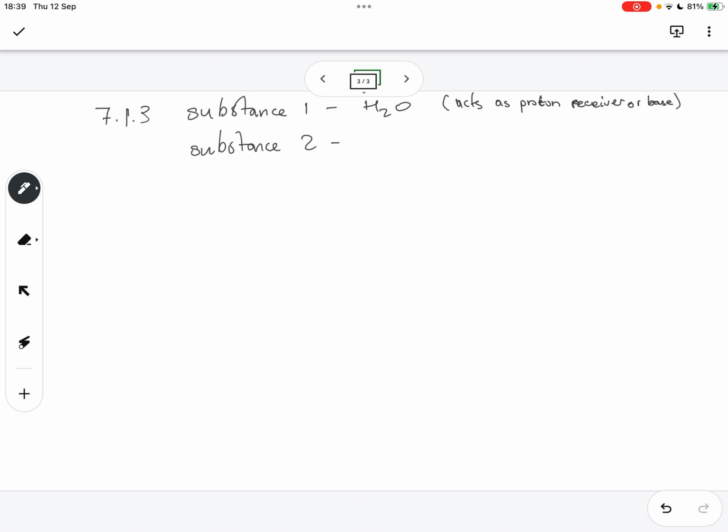I like your honesty. It's fine. What we're going to do, we can discuss it, because I agree we know the definitions of what a proton receiver is or a proton donor is.